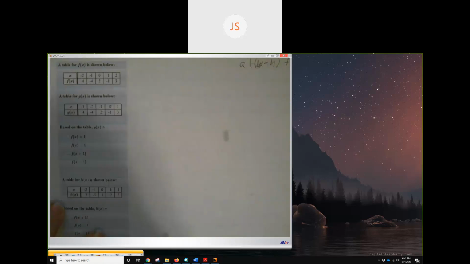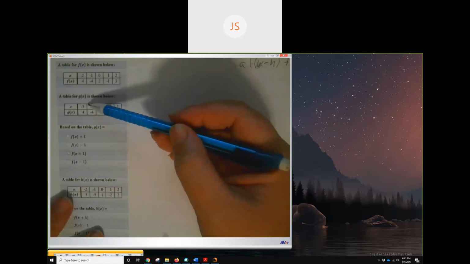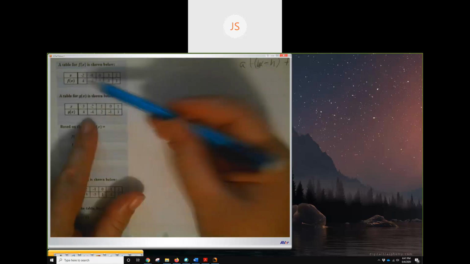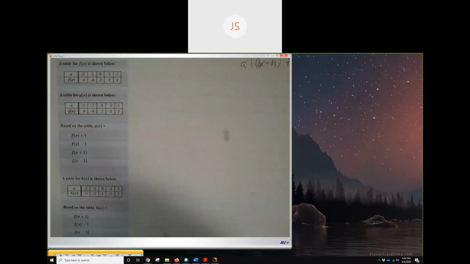So here, what we want to know is if this was my original and this is my transformed function, what happened? So all of the y's are the same, which means that there was no compression or stretch, there was no vertical shift.